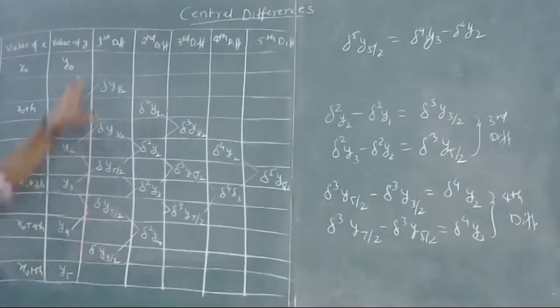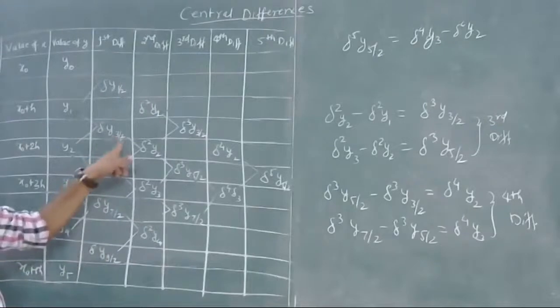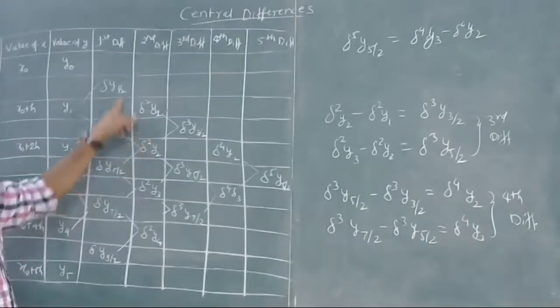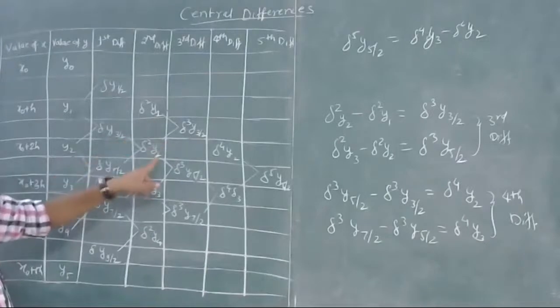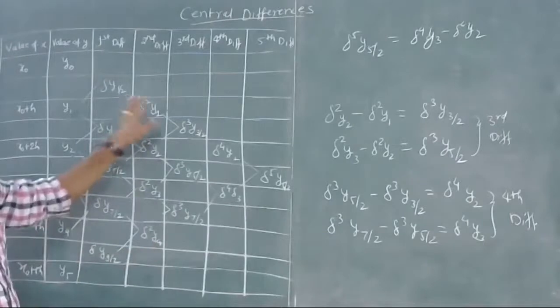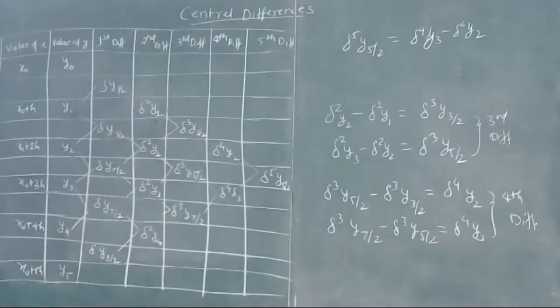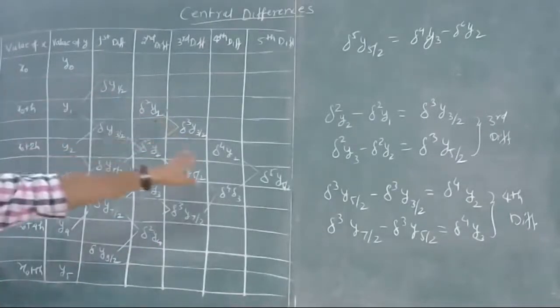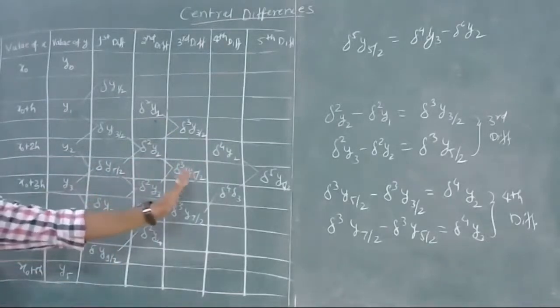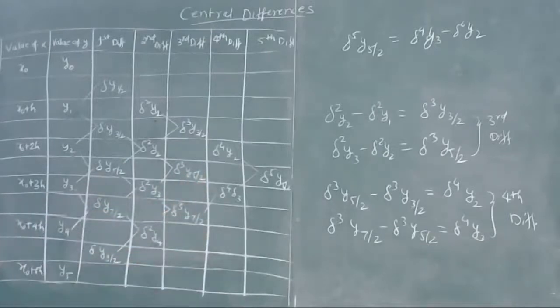So in this manner you will get the central difference. So here it will be y1, y2, y3, y4. So you can construct a central difference table like this. This is first difference, second difference, third difference, fourth difference and fifth difference.